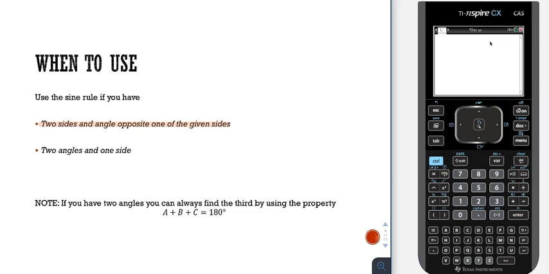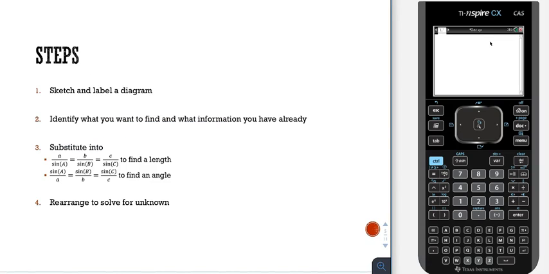Or conversely, if you've got two angles and one side, which pairs with one of the angles. Note, if you've got two angles, you can always find that third angle, just using the property that all angles will add to 180 in a triangle.